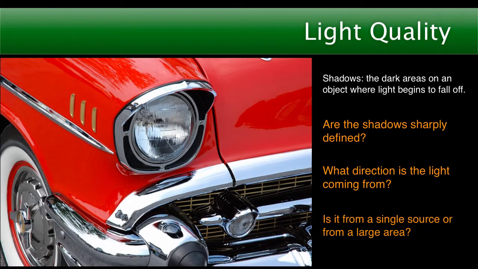Does it come from a single direct source, such as the sun or a lamp? Or is it indirect, soft light coming from a large area, reflected from light walls or diffused by clouds or an overcast sky? The shadows can tell you a lot about the light, such as the type of light that it is, its direction, and how intense or contrasty the light is.